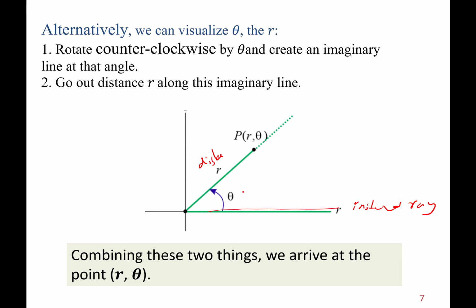If the angle is known, for example here it is a positive angle, so we draw it counterclockwise. If theta is, for example, minus pi over 4, we draw it like that, which is minus theta, and this is r, which is the distance.